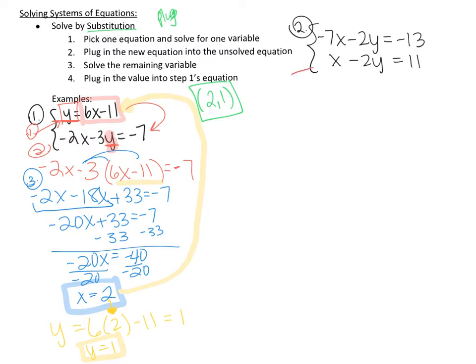I'm going to pick this second equation and I'm going to pick x, because if I wanted to get x all by itself, all I would need to do is move that 2y to the other side. So that's what I'm going to do. I'm going to add that 2y to the other side so that my equation is x equals 11 plus 2y. There's that equation that I'm going to go back to in just a minute.